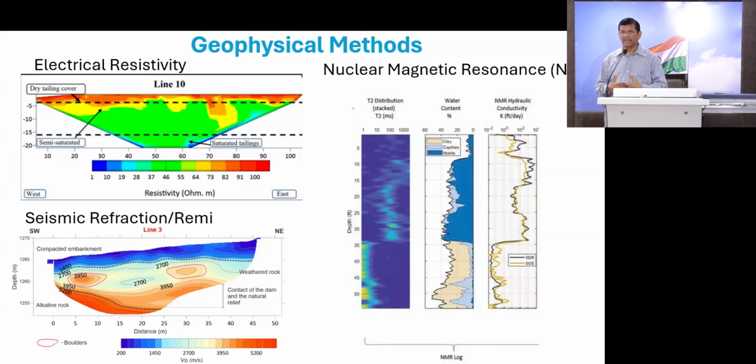But again, in general, I think these are the three methods which can be used in the characterization of a tailings dam. The first is electrical resistivity. You can find the dry tailings, the saturated tailings, and also the partially saturated tailings.